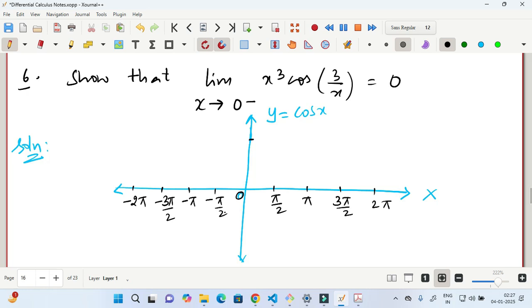Next, the values here are 1 and minus 1.